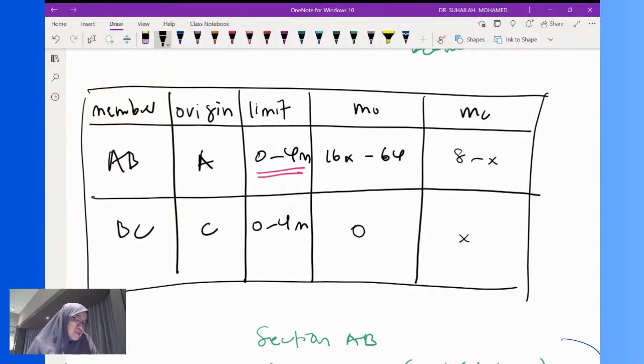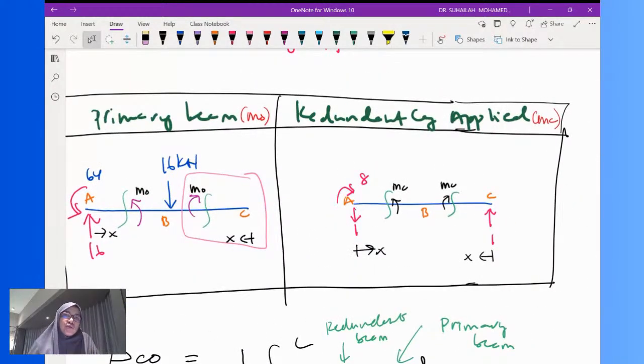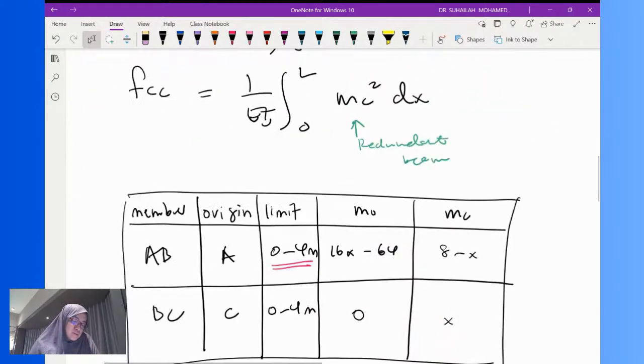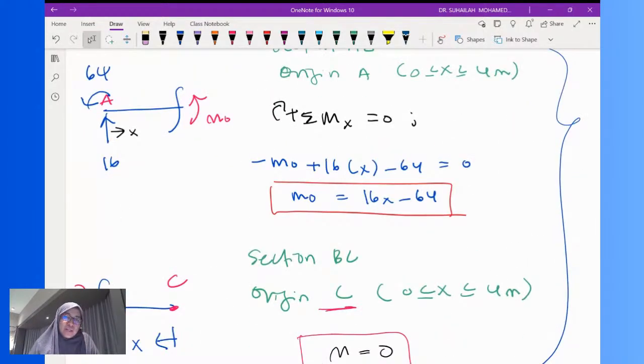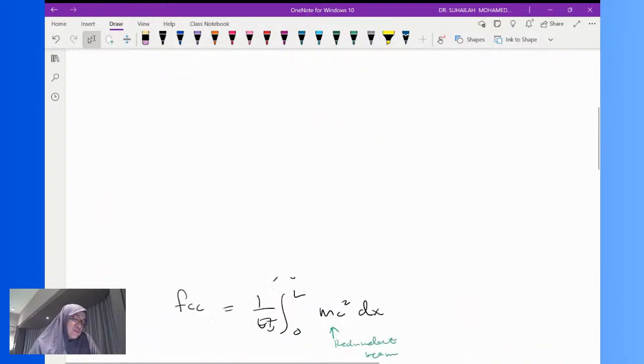Okay. So why I put this in the table and this in the table? These are the two tables that must be compulsory for you to show. Other than this, all the calculation you can do in a separate calculation sheet if you want.